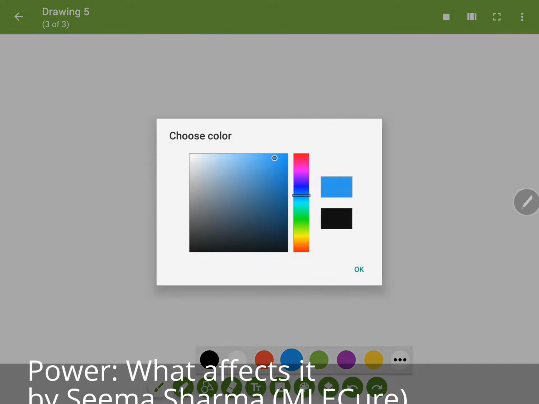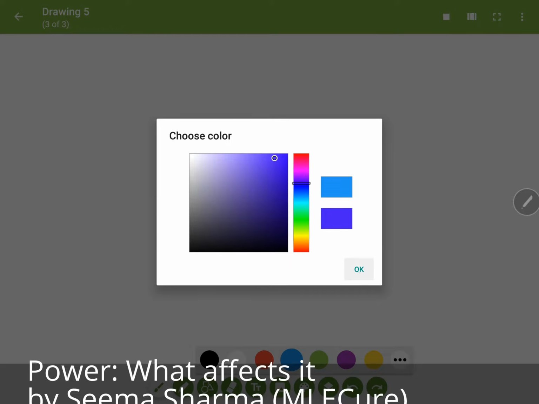To start off with the cemented things that affect power, I'm going to give you an example of two studies.